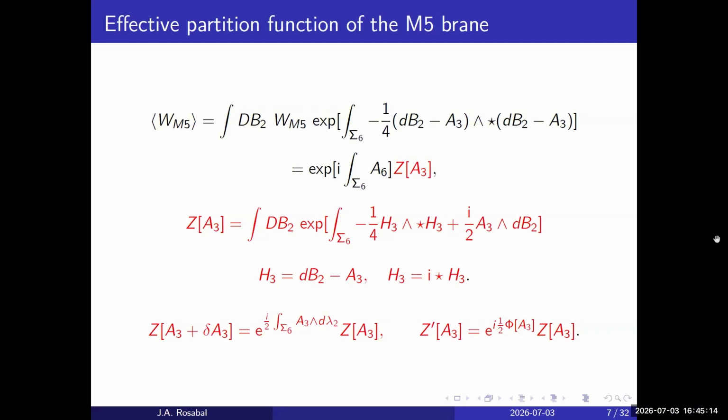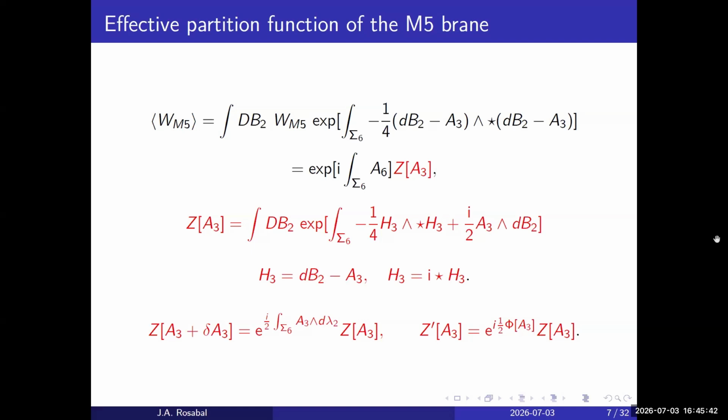Now it's not a scalar anymore. It transforms when you perform a gauge transformation. So you can see that this is the phase of the transformation, and you can view 1/2 as the charge of the scalar. This is one of the motivations to introduce the concept of a line bundle for this kind of object.